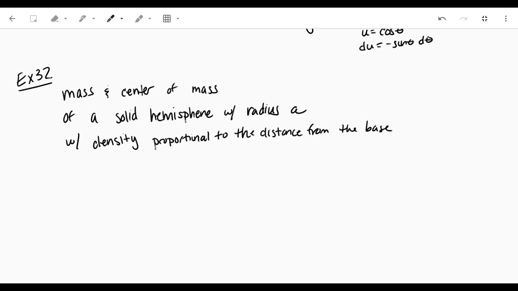Okay, so I'll help you get this one set up a little bit. Remember, when we're doing mass, we integrate your density function. Then when you do your moment around xy, you integrate z times the density.